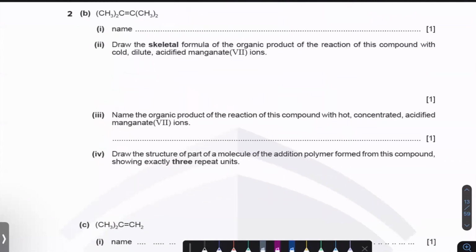All right. Okay, so we have here, what is its name? Let's see. I found that students usually prefer drawing the displayed formula first, so let's draw it. There is a carbon with two branches, CH3 CH3 double bond CH3 CH3. Now first of all, before you name it, you have to identify the long chain.